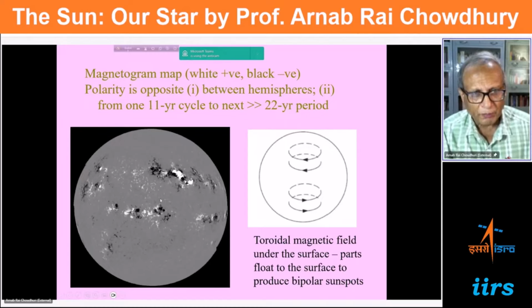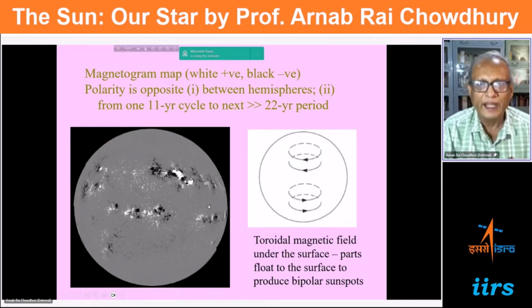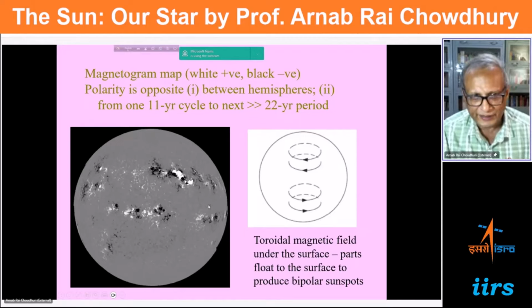You may also notice that in the northern hemisphere, you have a white patch, or the positive polarity sunspot, on the right side and the black patch, or the negative polarity sunspot, on the left side. And in the southern hemisphere, it is opposite, with black on the right and white on the left. Things remain like this for one cycle of 11 years.